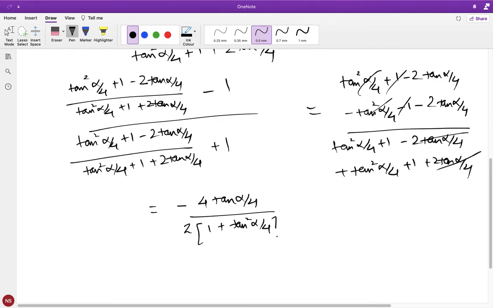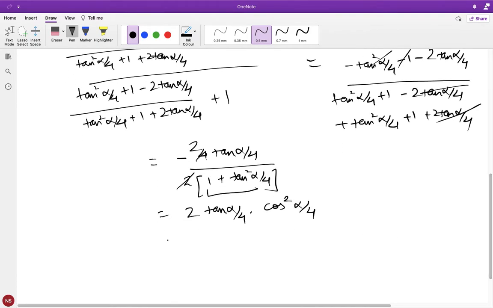Now 1 plus tan²θ is sec²θ, which in the denominator gives cos²θ. So this is 1 by sec²θ, so cos²(α/4). Now minus sine as well. Tangent is what?